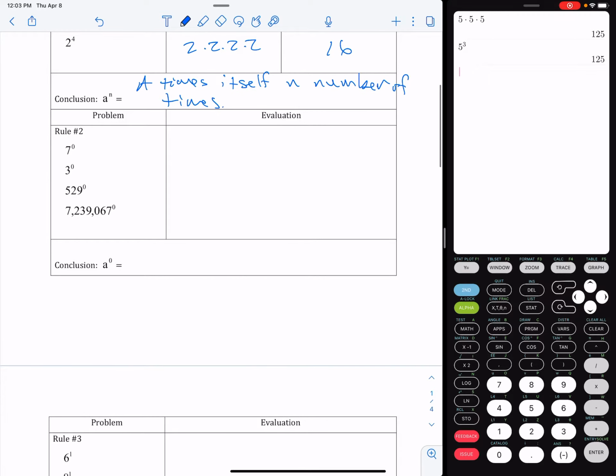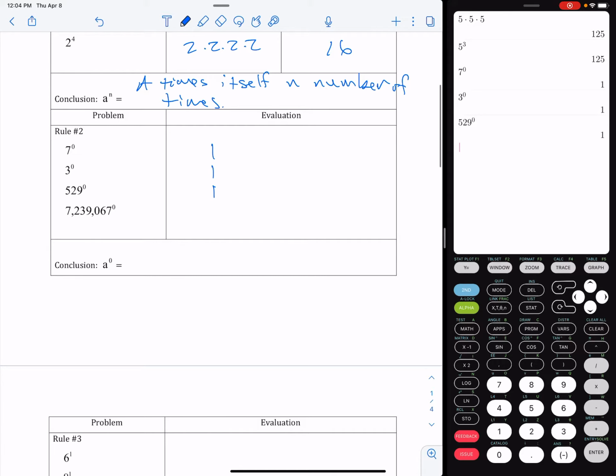But then we had rule number 2, and you had to do things to the 0th power. So you would come over to the calculator, and you type in 7 exponent 0, enter, and you get 1 as an answer. Interesting. So 3 exponent 0, you get 1 again. And then 529 exponent 0, and you get a 1 again.